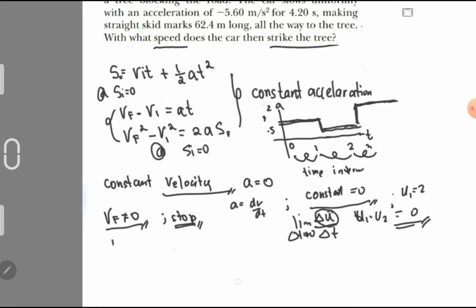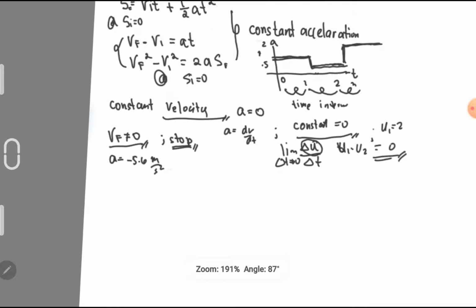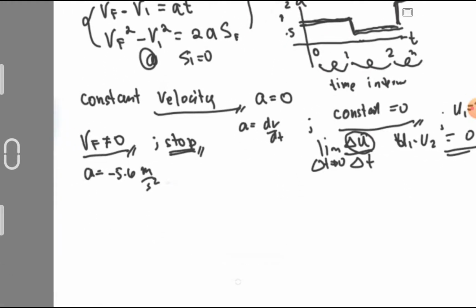So A is equal to negative 5.6 meters per second squared. And then we have our D. Take note that our D, or the distance, is the distance traveled, 62.4 meters. It is your S, or displacement. So in one-dimensional motion, your S is synonymous with your D. Okay?